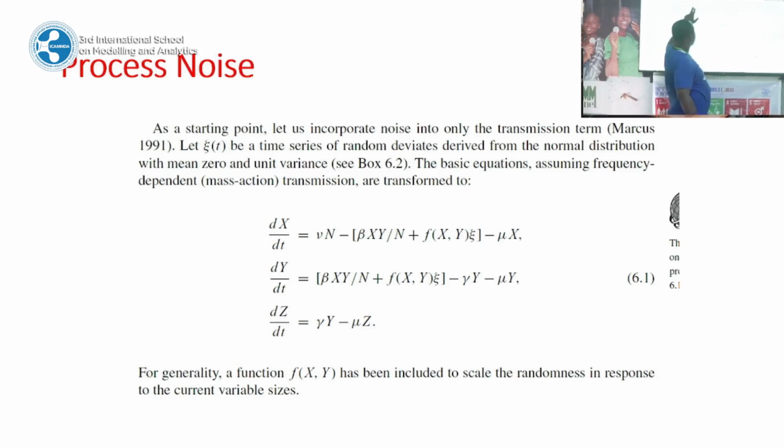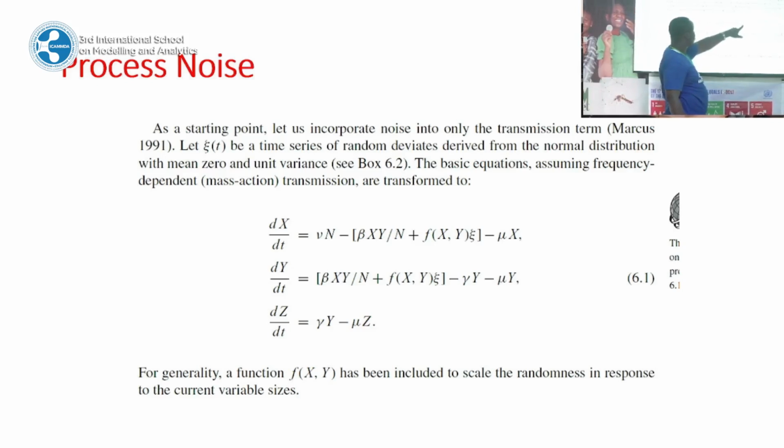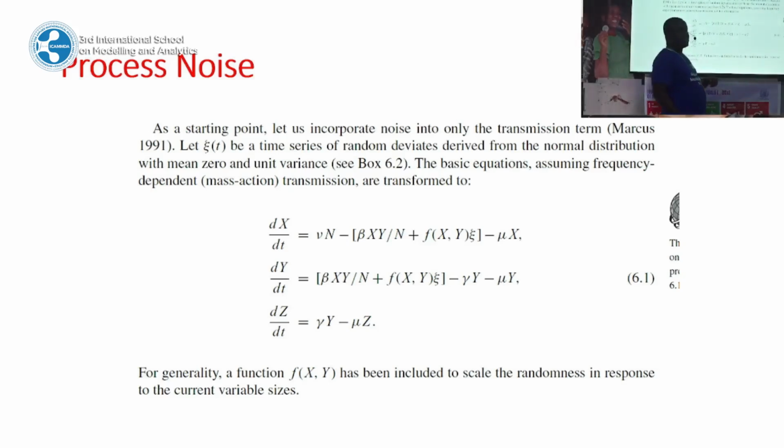But because we are now introducing random deviates, we say f of x and y, a function of these two, times the random deviates from the normal distribution. This random deviate is drawn from a normal distribution with mean 0 and unit variance. Now, this shows that our stochastic model is dependent on a probability distribution, which is the normal distribution.